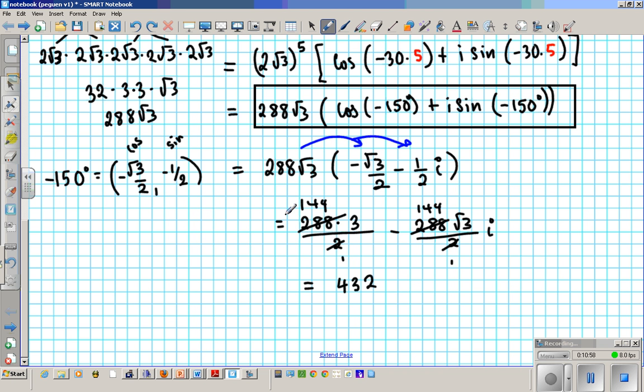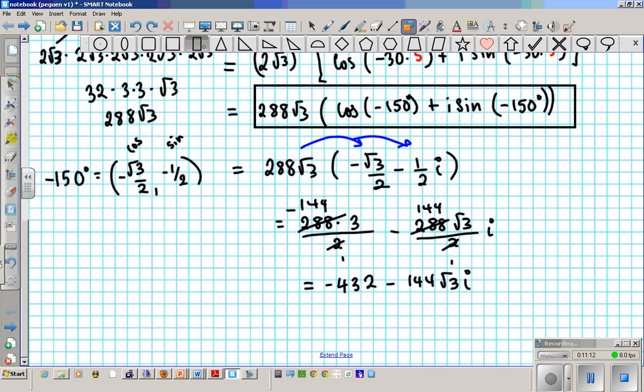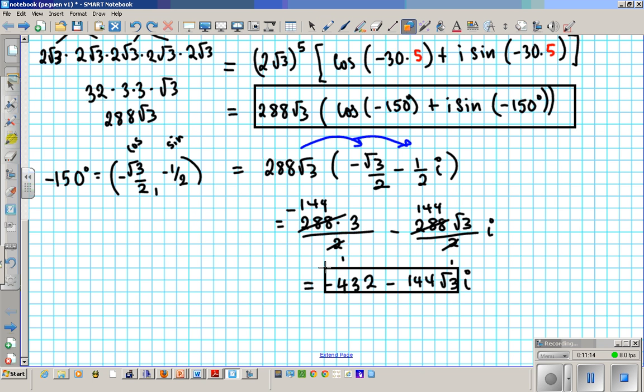I'm missing a minus, and then this is minus 432 minus 144 root 3 i. So there you have your answer in rectangular form. This is polar, and this is my rectangular form. So there you have it.